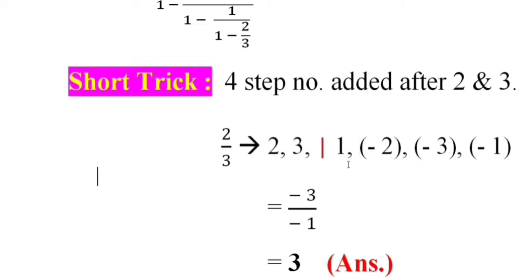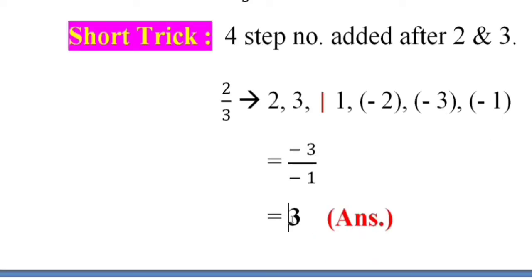And 1 minus 3 equals minus 2. And minus 2 minus 1 equals minus 3. And minus 3 minus bracket minus 2 equals minus 1, so minus 3 by minus 1 equals 3. Answer is 3.